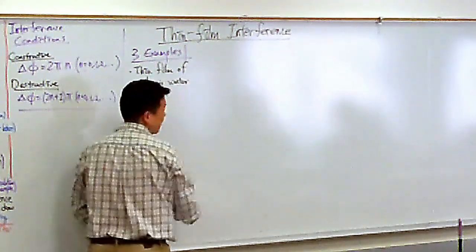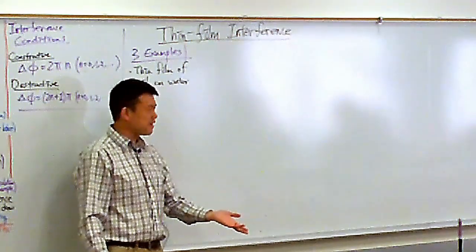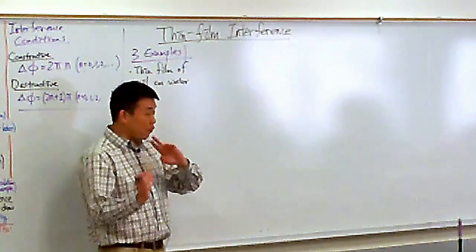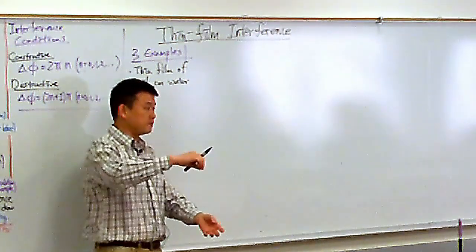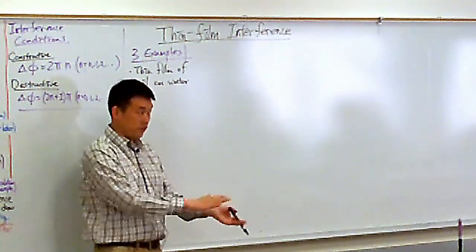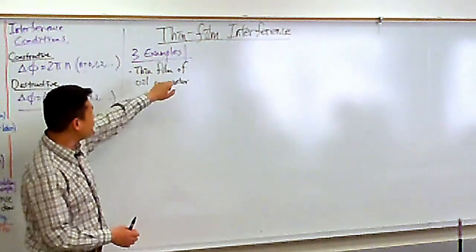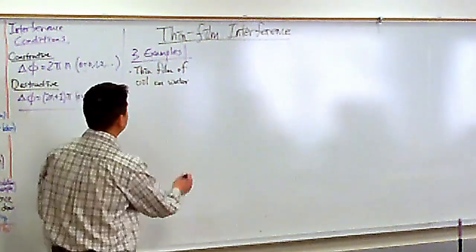Have you seen, on a rainy day, which I guess, did it rain yesterday? I thought it rained recently. Yeah, a little bit. On a rainy day, you sometimes see this on the road. When there's a little drop of oil from a car, you see rainbow colors on that oil, right? That's a result of interference going on with a thin film of oil on top of water. So we'll analyze a situation like that.